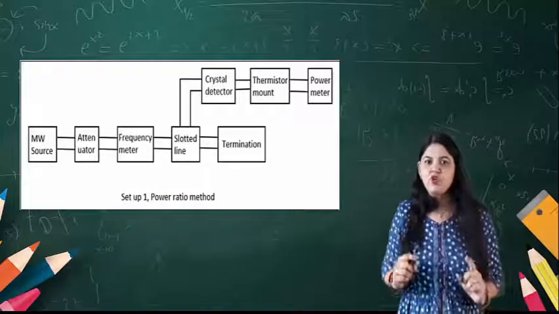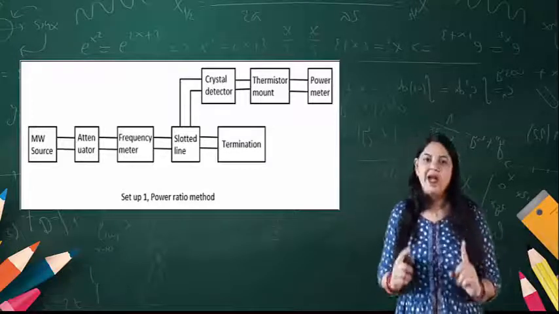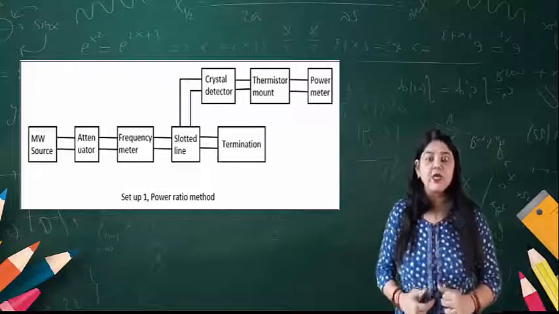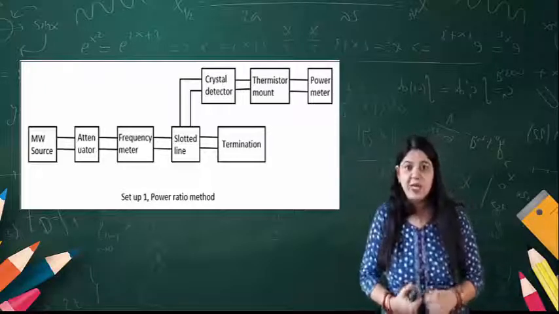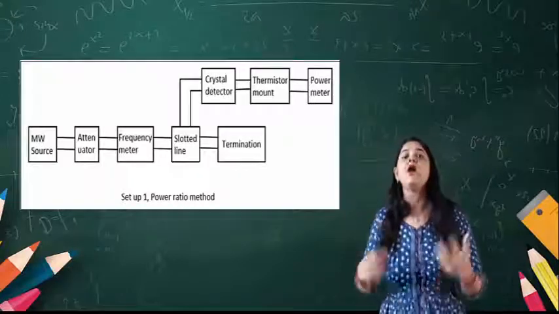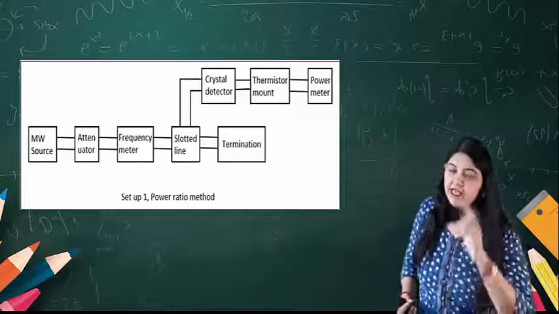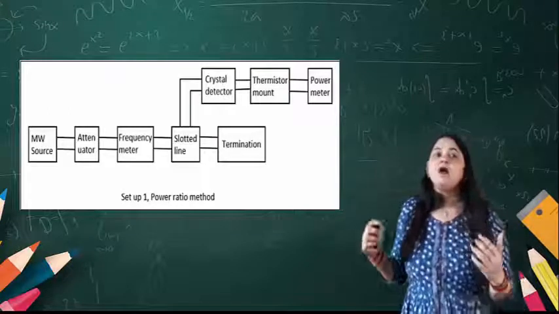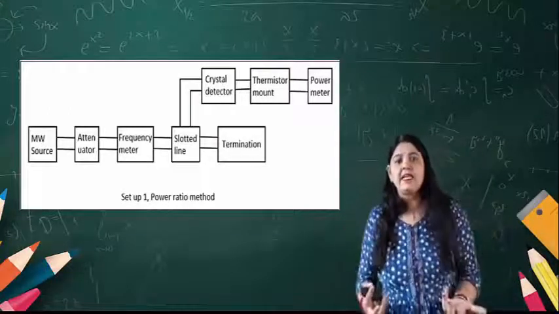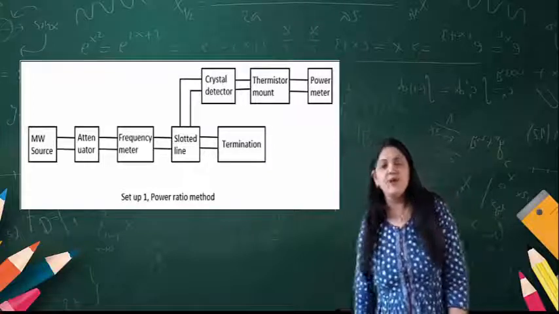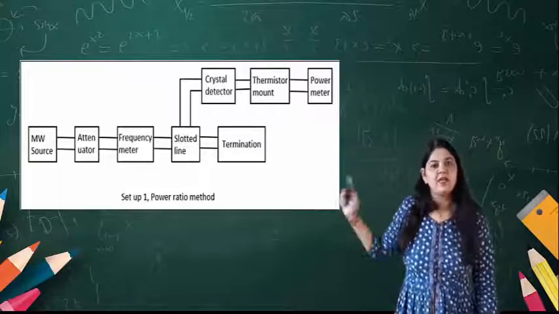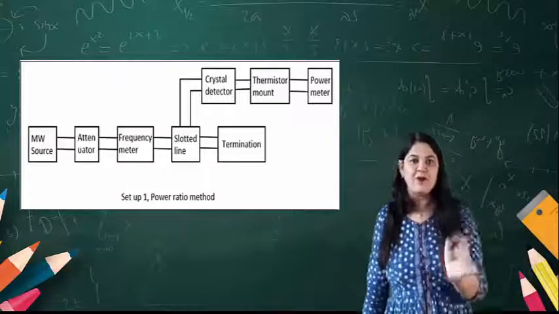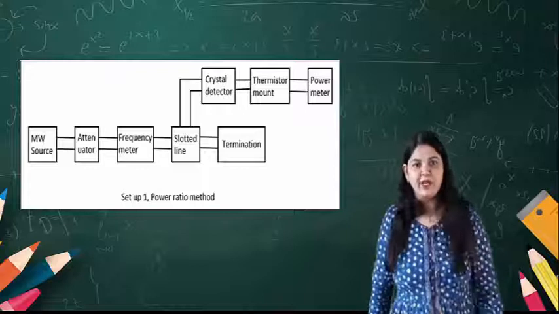So here is setup number 1 for the power ratio method. The microwave source, which generates the microwave signal, is given to the attenuator. Two types of attenuators are available, fixed attenuator and variable attenuator. A fixed attenuator provides a fixed amount of attenuation and a variable attenuator can provide variable attenuation. It is given to the frequency meter, and by adjusting that frequency meter you can adjust for the particular frequency.